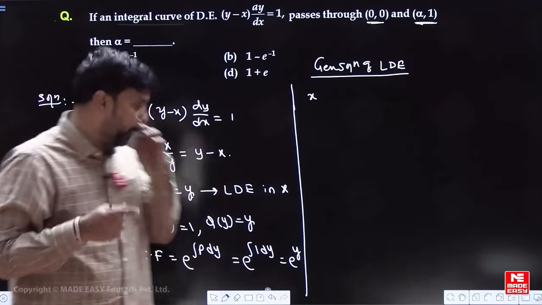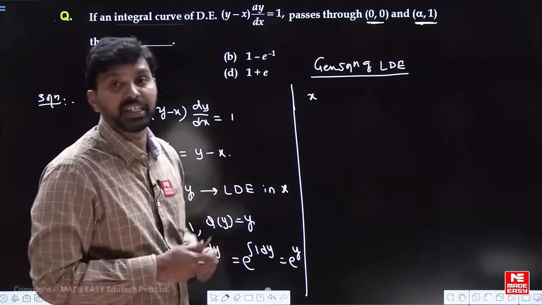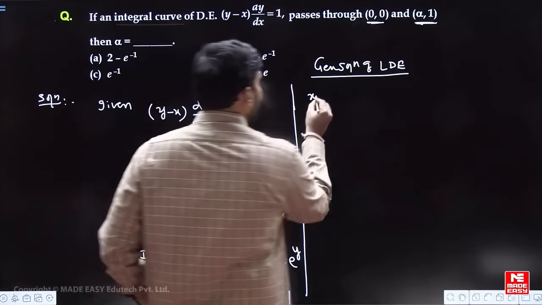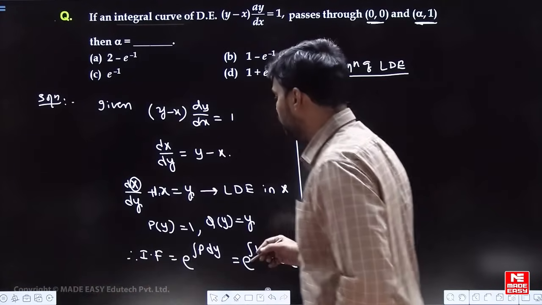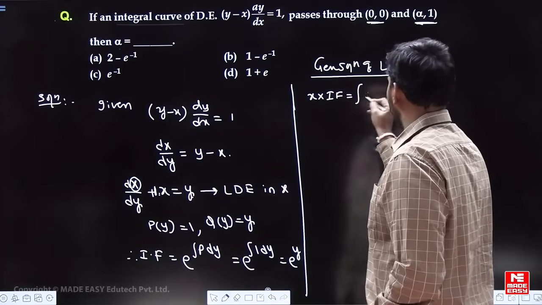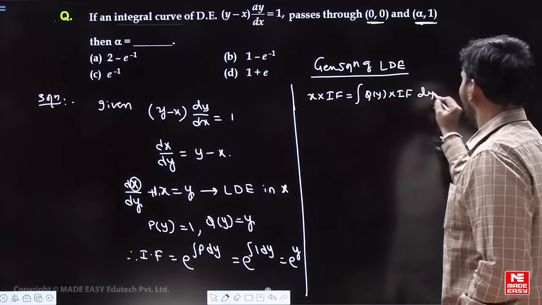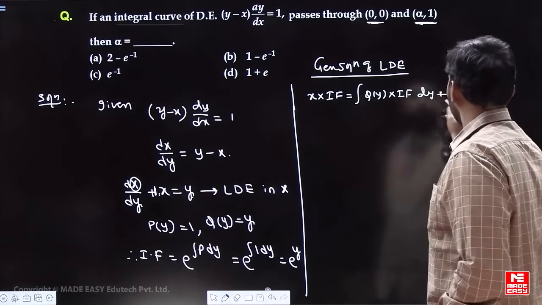Please remember this point. So as the differential equation is of dx by dy, the solution is written for x. So x into IF is equal to integral q of y into IF dy plus c here, right?